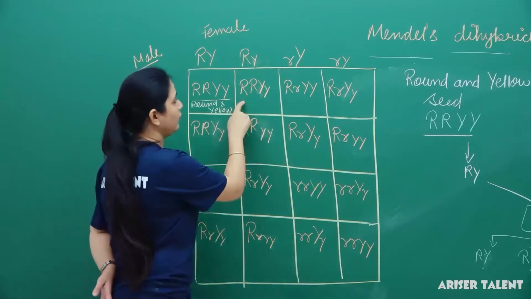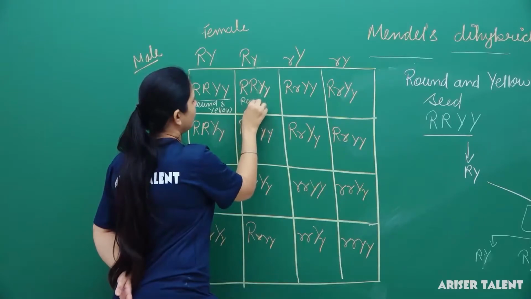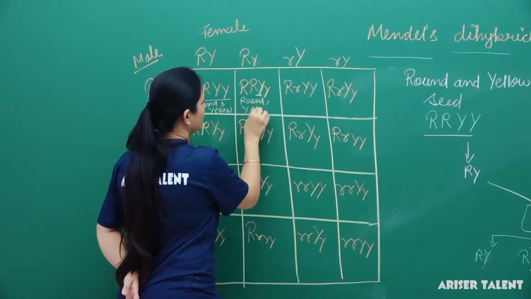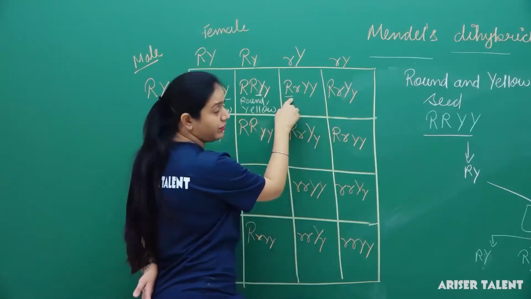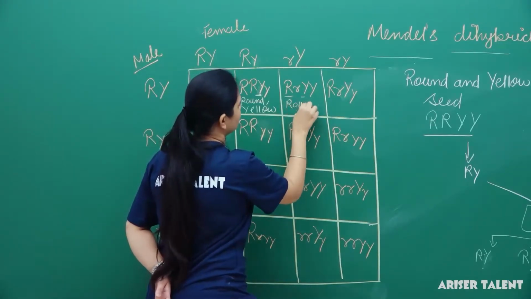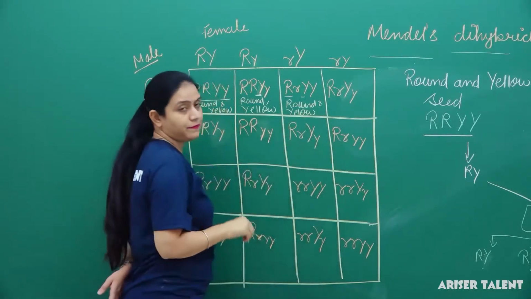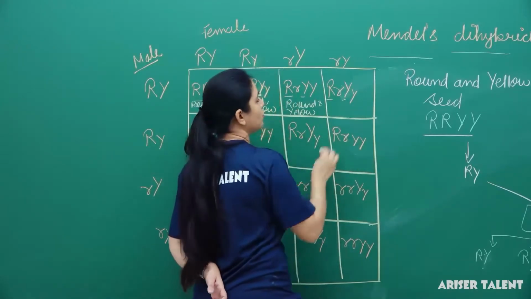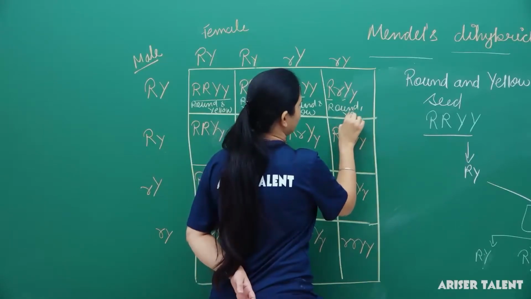Again here it will be round, because capital R is dominant, and Y is dominant, so round and yellow. Again here R is dominant, Y is dominant, so round and yellow. Again round and yellow.